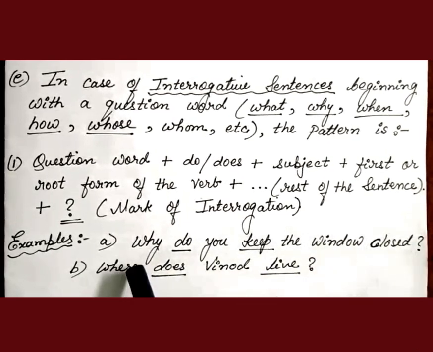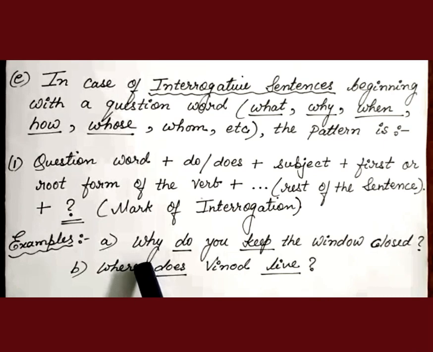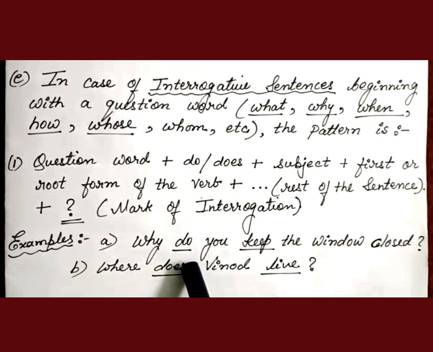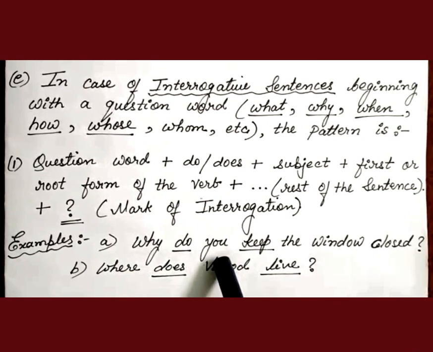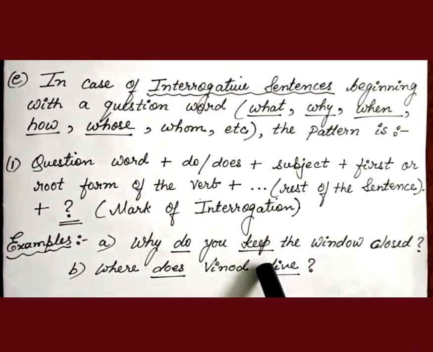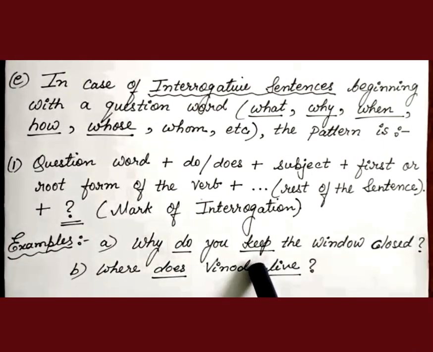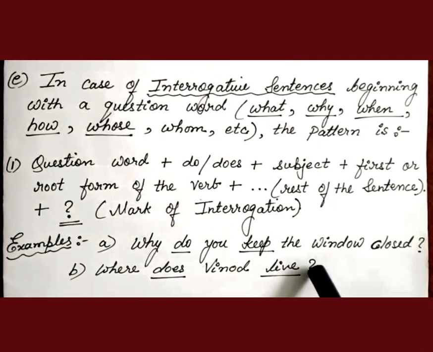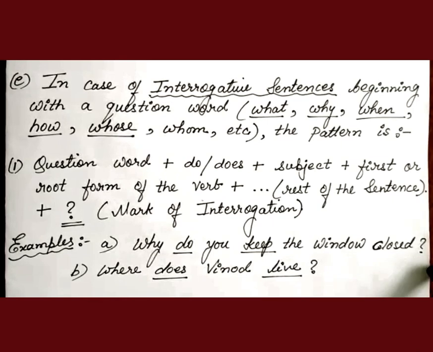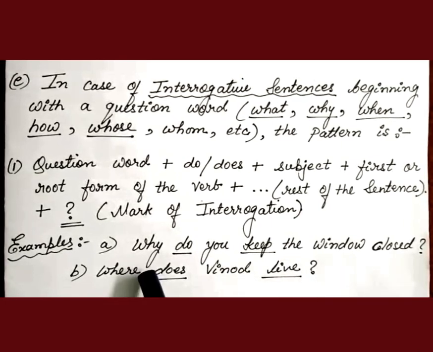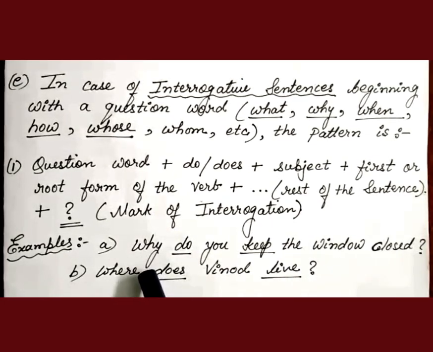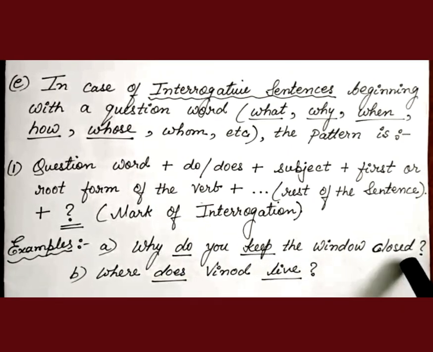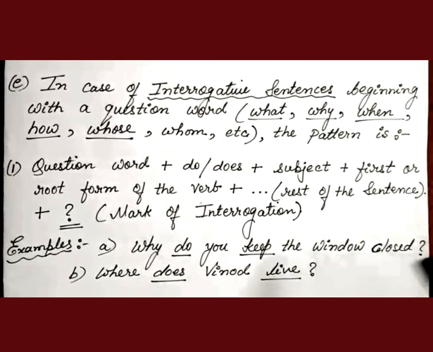Once again, the question word why plus do plus the subject you plus the first or root form of the verb keep plus the rest of the sentence, the window closed, plus the question mark. So it's now an interrogative sentence, why do you keep the window closed? And it refers to simple present tense.